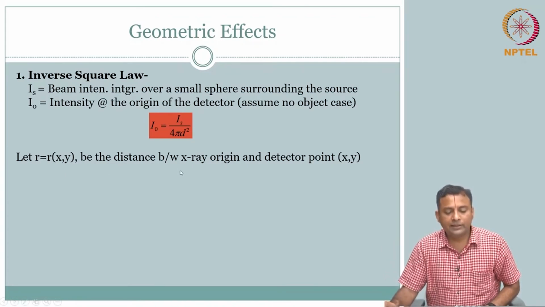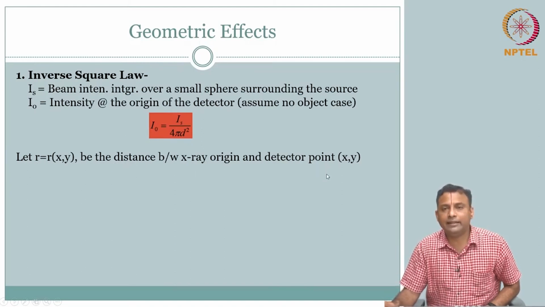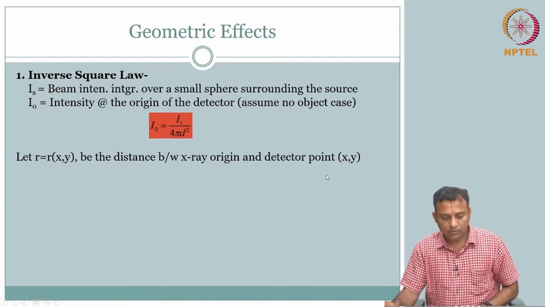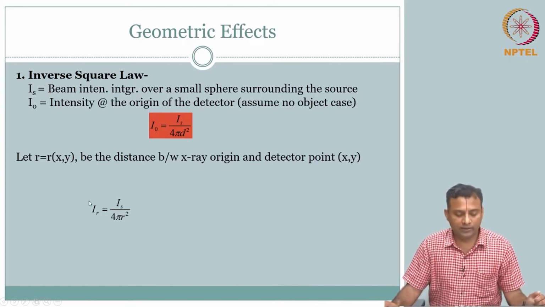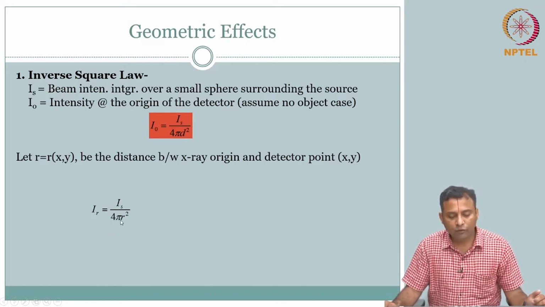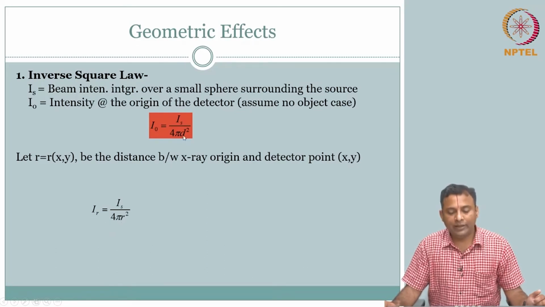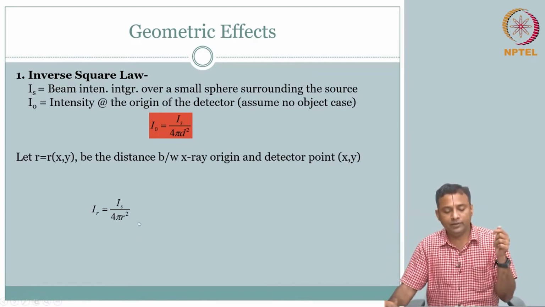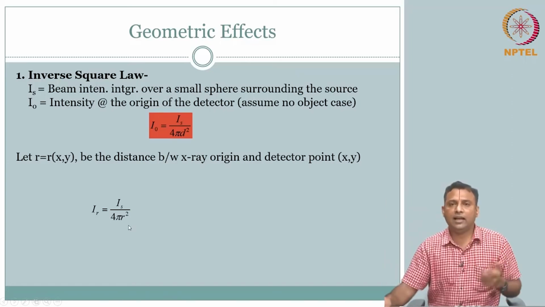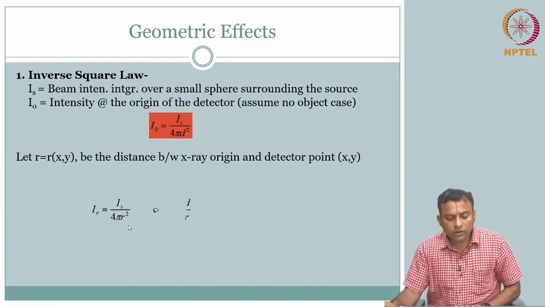Let that be the distance between the X-ray origin and the detector point x comma y. You can clearly write your IR, the intensity at R, as IS by 4 pi R square. When it is the perpendicular distance to the center, that was defined as D, and therefore it is D square. If it is R, it is R square. So this you can actually calculate.